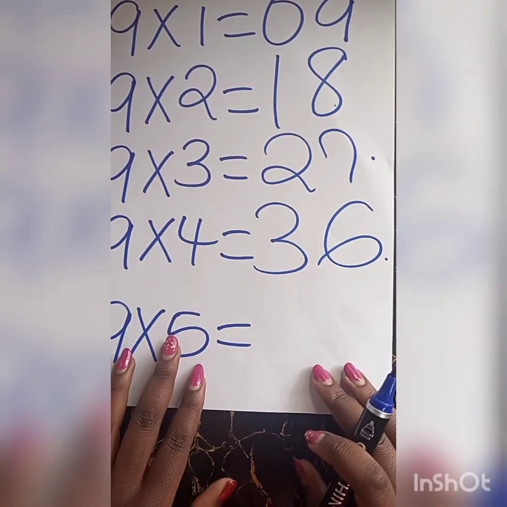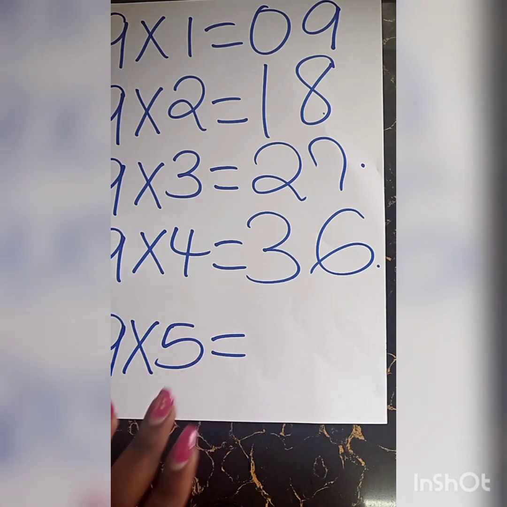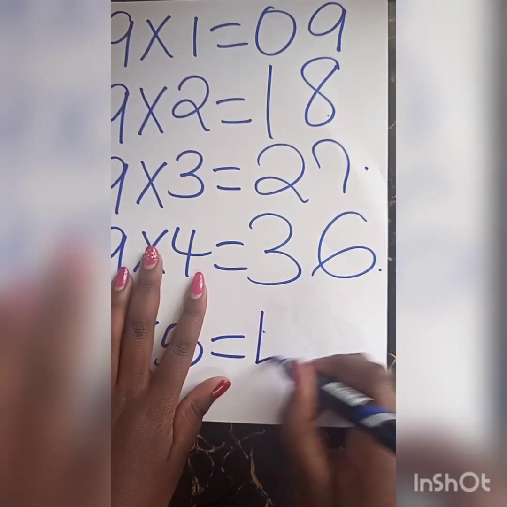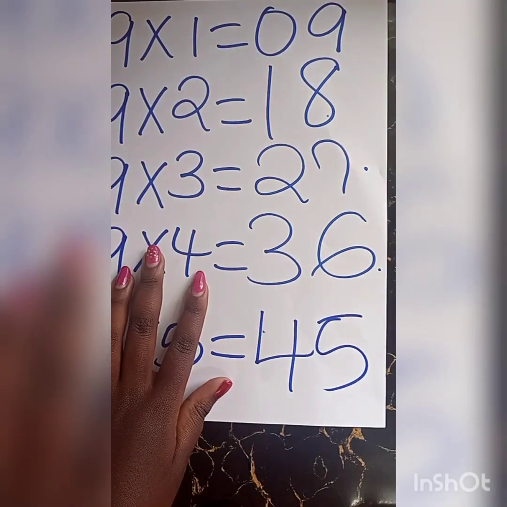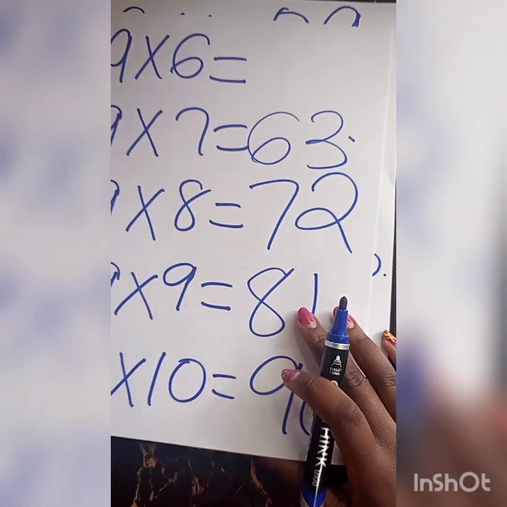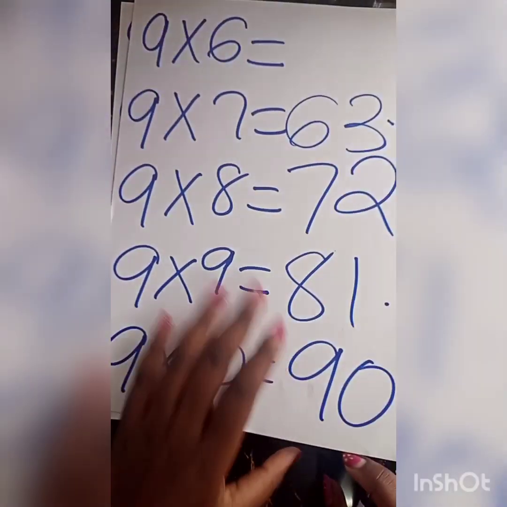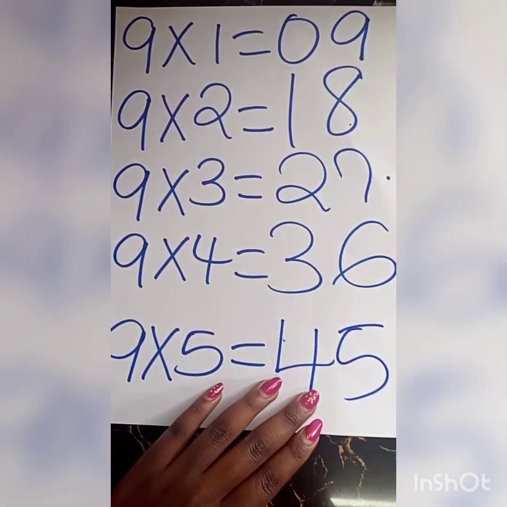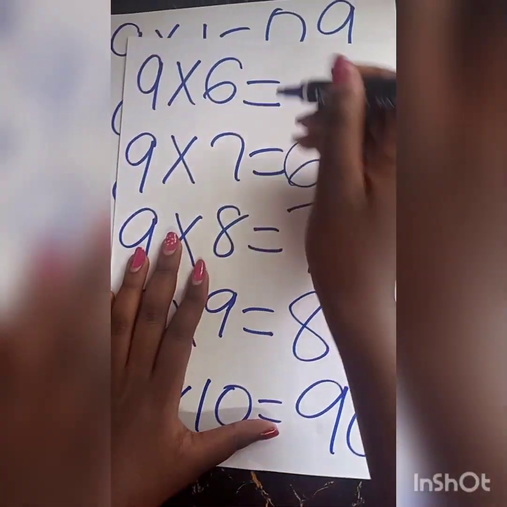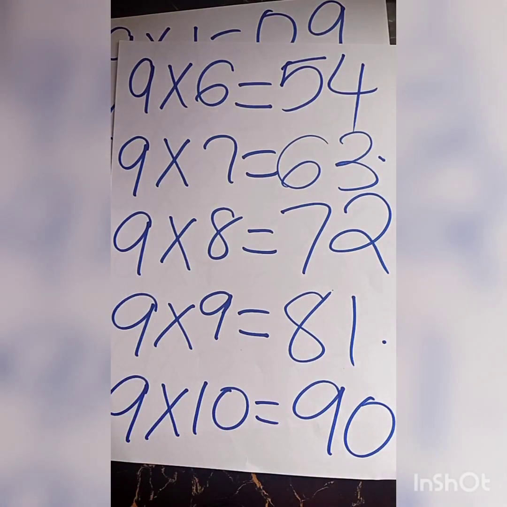So if we already know that 9 times 5 is 45, that means that we automatically know that 9 times 6 is the reverse of 9 times 5. So the opposite of 45 is 54, okay? So we'll write a 54 over there, okay? And just like that, we have our table 9.